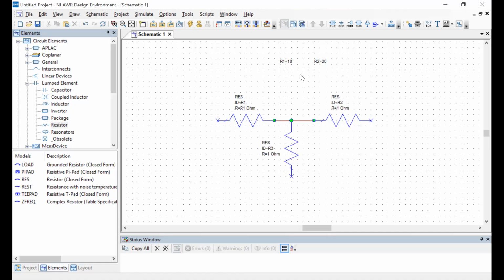So R1 are these two resistors which are on either side of the T network, and R2 is the one which is going to ground.